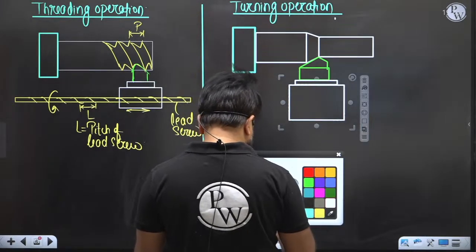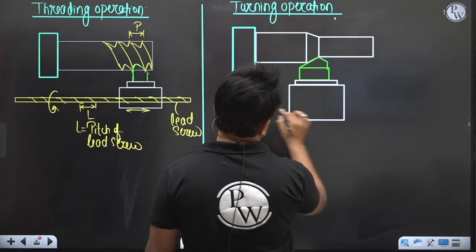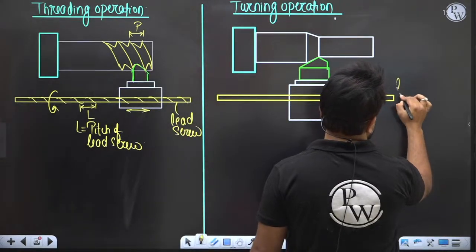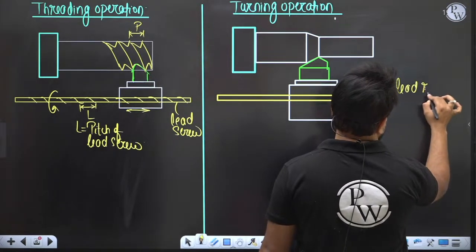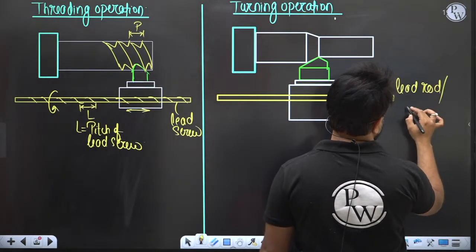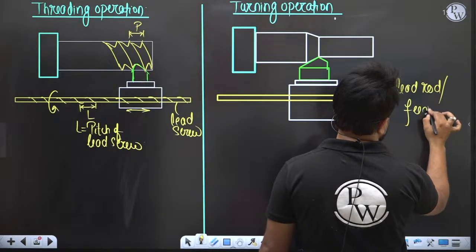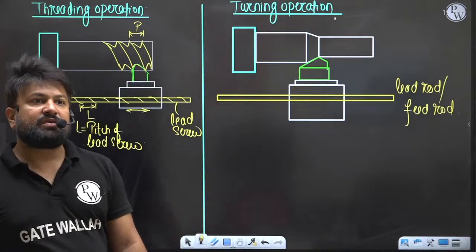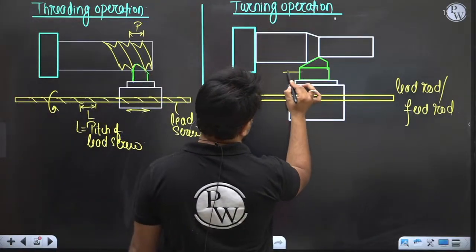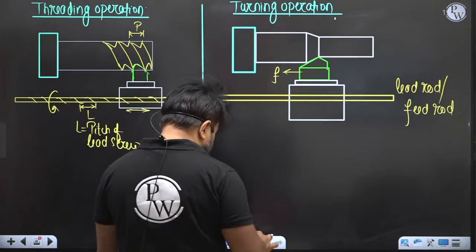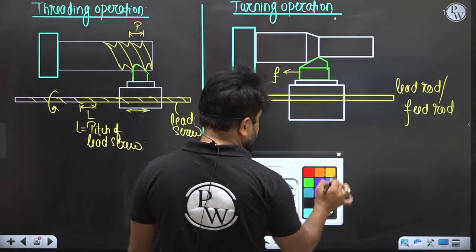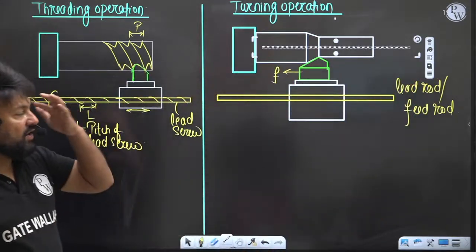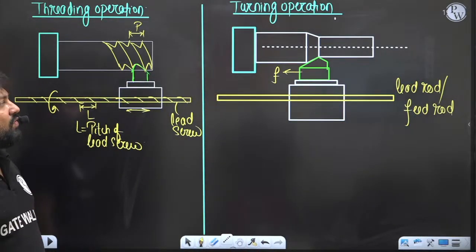And there will be a feed rod. Sometimes this is called a lead rod, and sometimes we call it a feed rod, because in a turning operation we have to provide only feed along the axis of rotation of the workpiece.